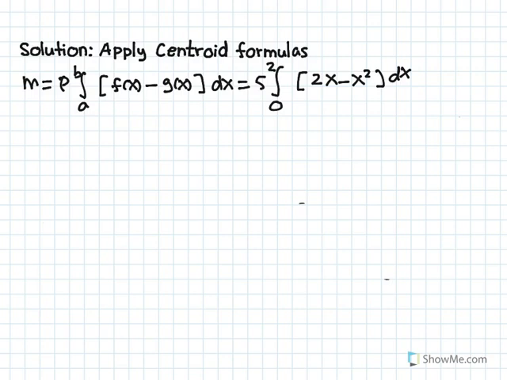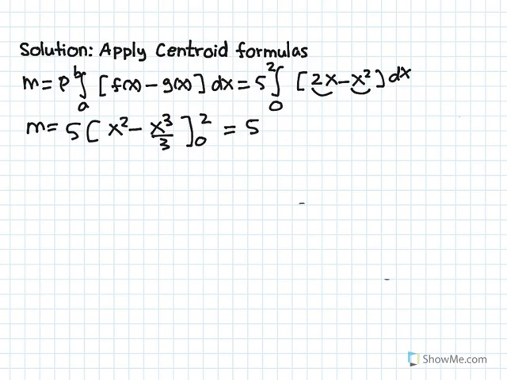Now we need to integrate this. Mass is equal to 5 times. Reversing the power rule, that's going to be 2x squared over 2, so we just get x squared. Minus an antiderivative of x squared, which is add 1 to the exponent and divide by the same. We get x cubed divided by 3. Evaluated from 0 to 2.